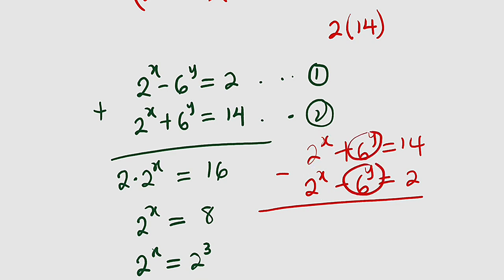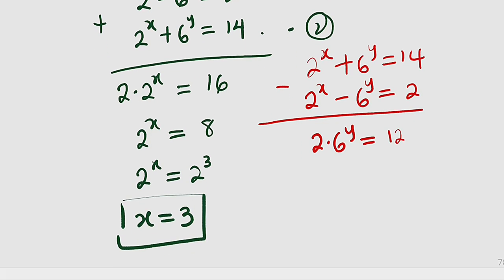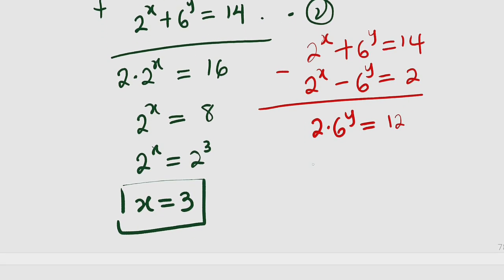This minus this turns to plus, so we have 2 of this 6 to the power of y. This is equal to 14 minus 2, which is 12, right? Now we can divide both sides by 2. Therefore, 6 to the power of y equal to 12 divided by 2, equal to 6. Naturally, 6 can be written as 6 to the power of 1. Since the bases are the same, y is equal to 1.